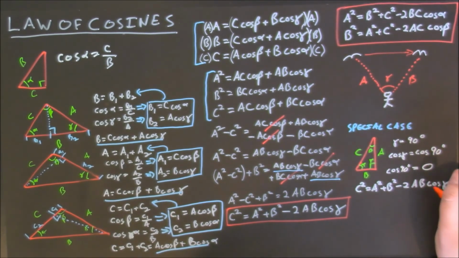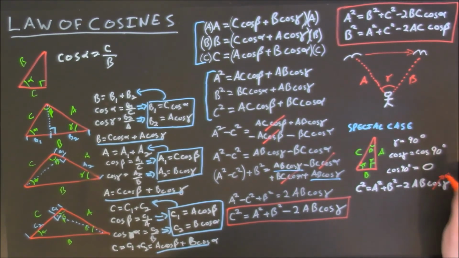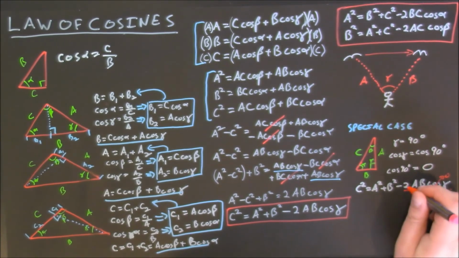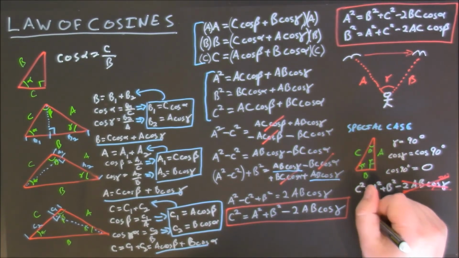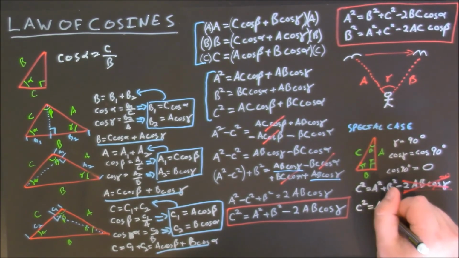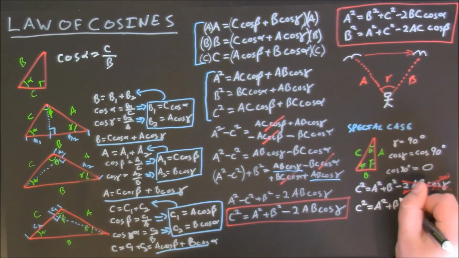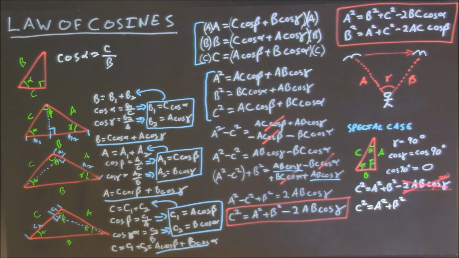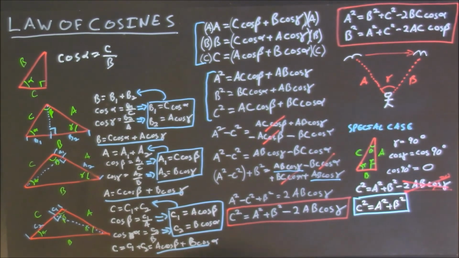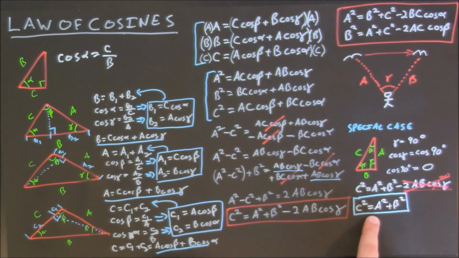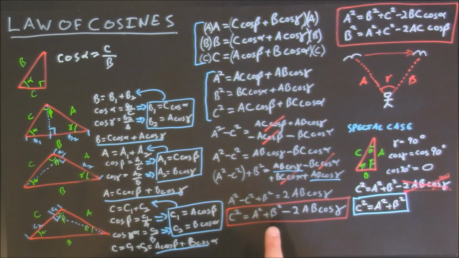Well, if this is equal to 0, then this whole term drops out. And we are left with C squared is equal to A squared plus B squared. And this, if you'll recognize, is just the Pythagorean theorem. So the Pythagorean theorem is just a special case of the law of cosines.